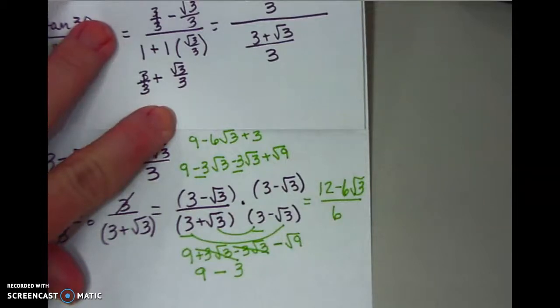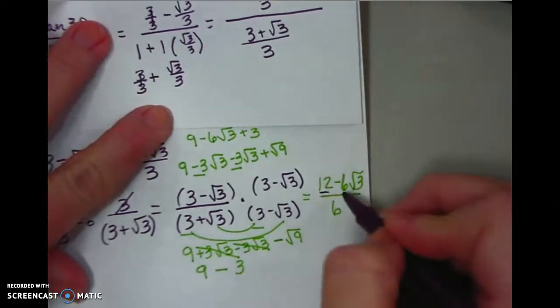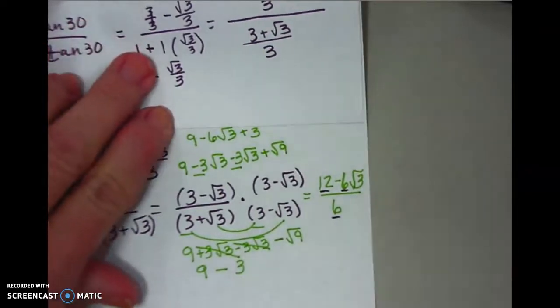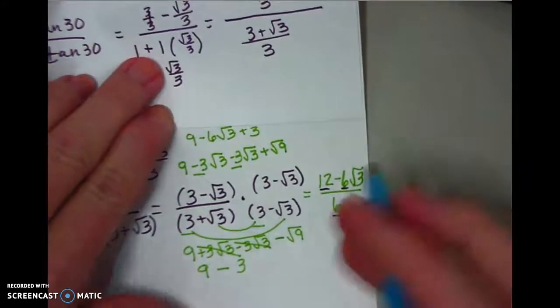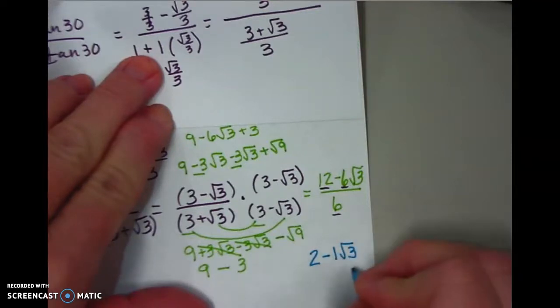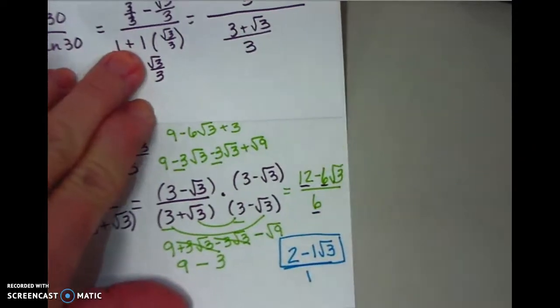You would think by now we are finished, but guess what? We are not, because these 3 numbers can all be divisible by 6. 12 divided by 6 is 2. 6 divided by 6 is 1. And all over 6 divided by 6. So 2 minus the square root of 3 is our final answer.